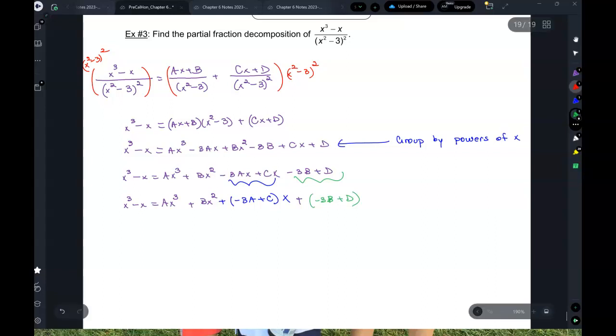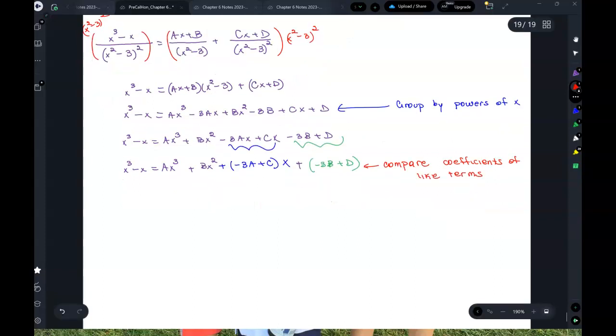Okay, now this is my favorite thing to do. And in college, in math, there are places where you have to apply this. So here's what you do. You have to compare coefficients of like terms, and you have to set them equal to each other.